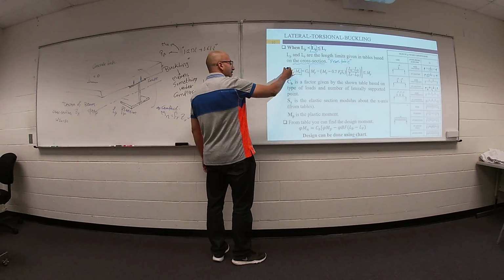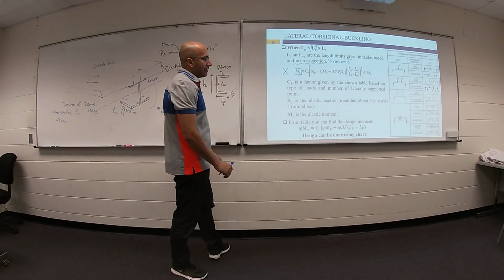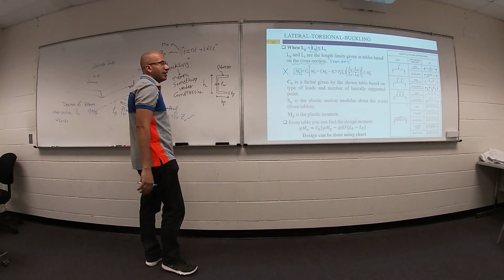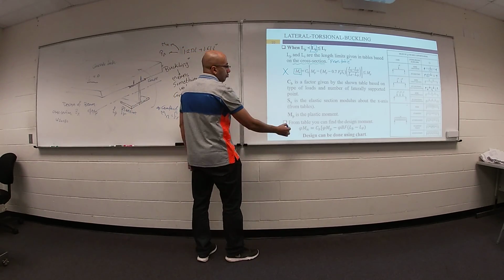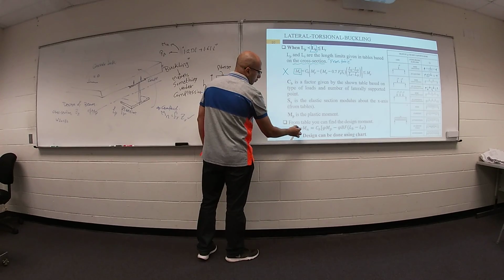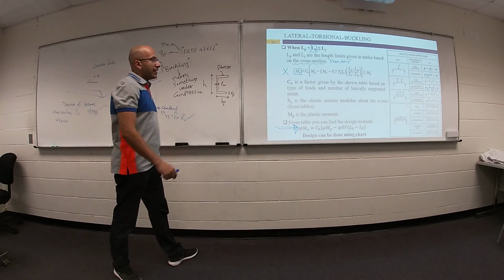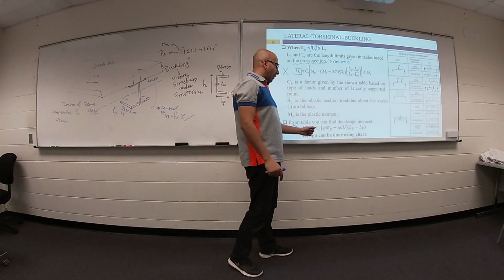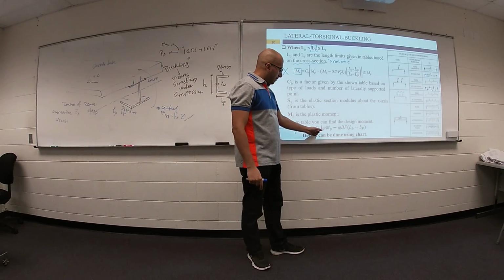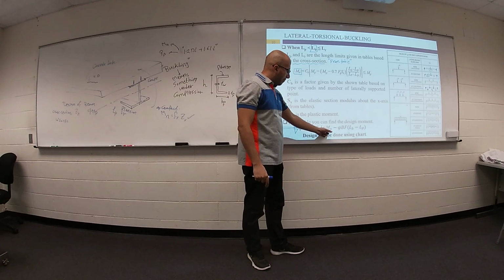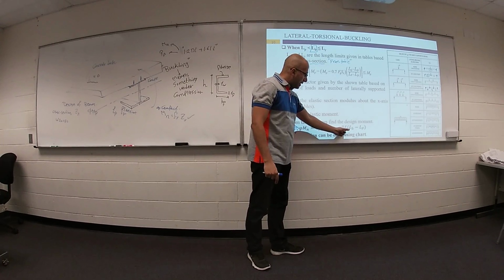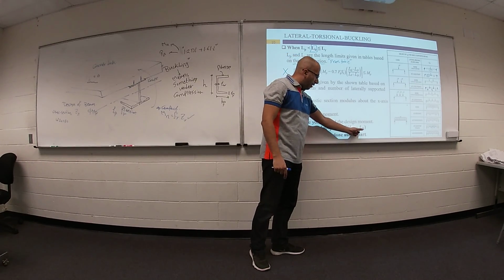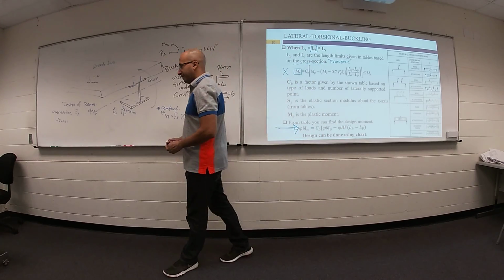We can neglect this equation, forget it, and use another equation. This one: Phi Mn, your design moment, equals CB times phi M plastic minus phi BF times LB minus LP.